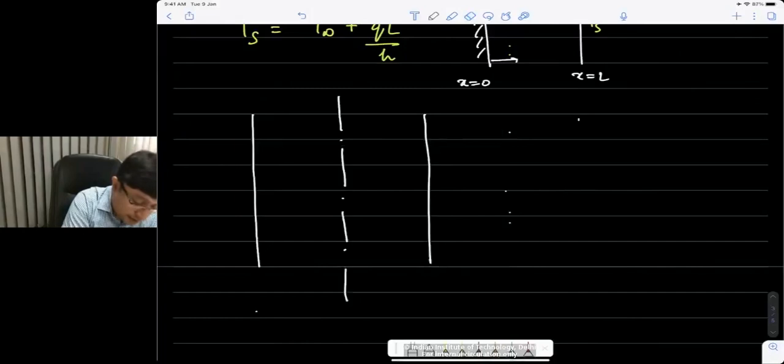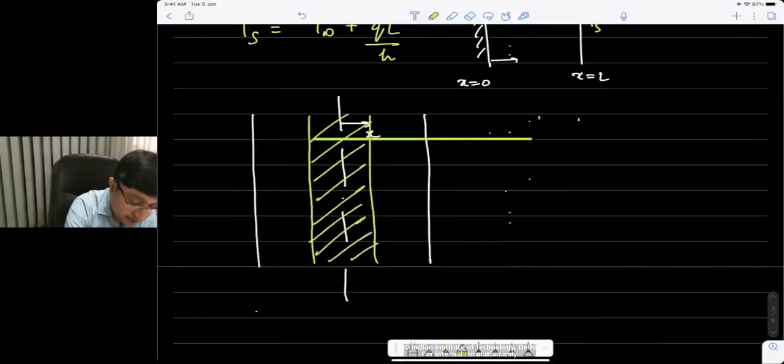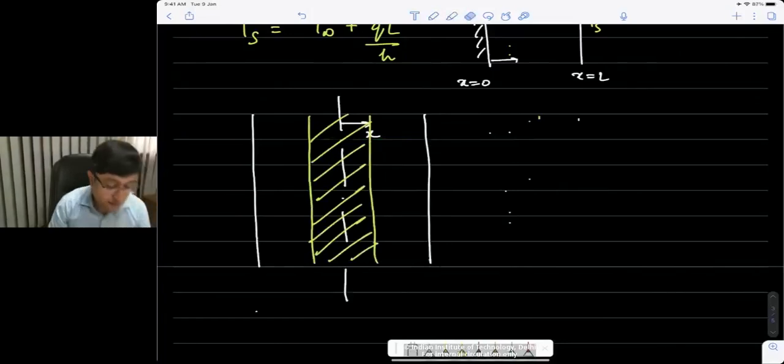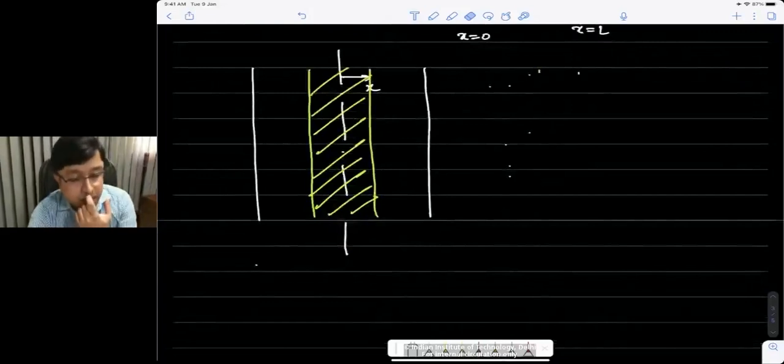Now at some distance, say x, from the center line, I can look at, from either end, I should say, this section of the slab at some distance x, and I apply energy balance to this section only. So remember, at steady state, energy balance would say that E dot in minus E dot out plus E dot generation should be zero, because this is a steady state problem.